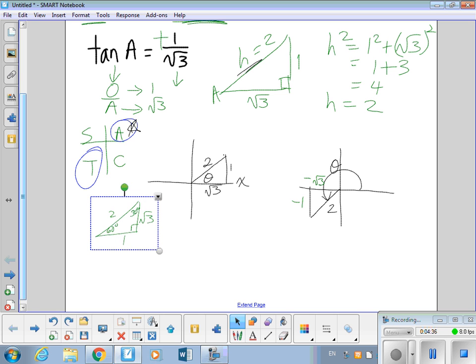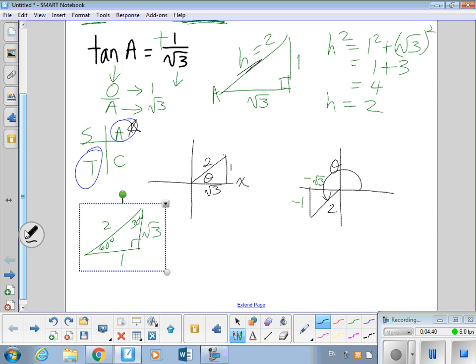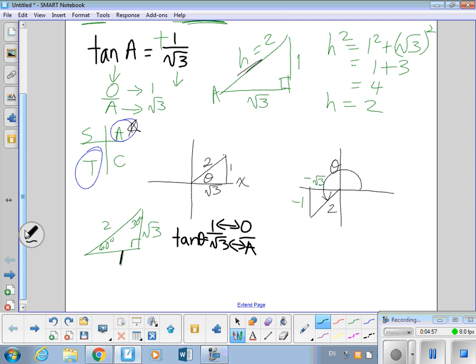So the way this works then is they're telling me that tan is 1 over square root 3. And we know that that's opposite over adjacent. So I want the opposite to be 1 and the adjacent to be square root 3. So I know it's 30 degrees.